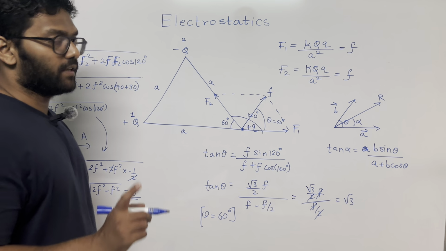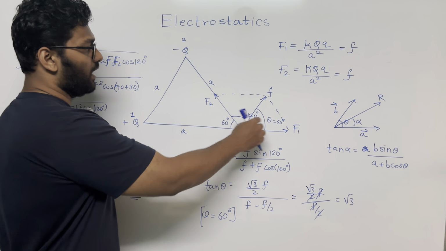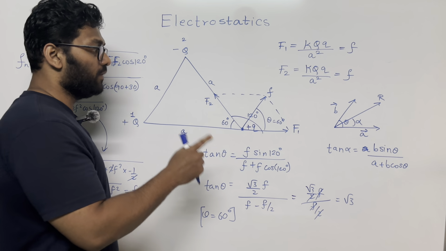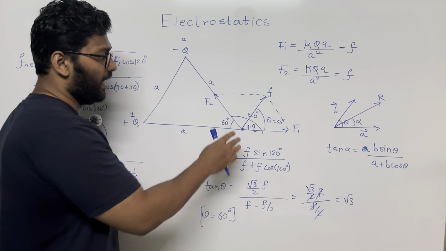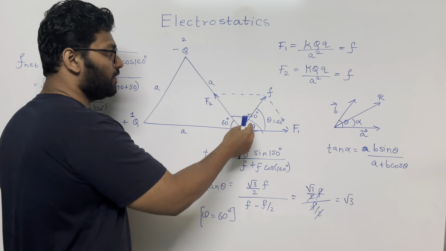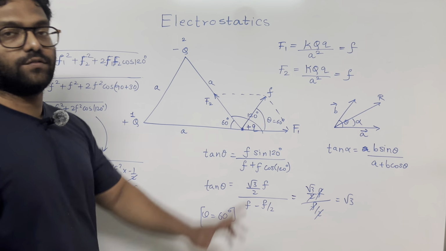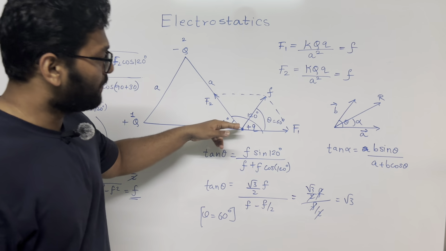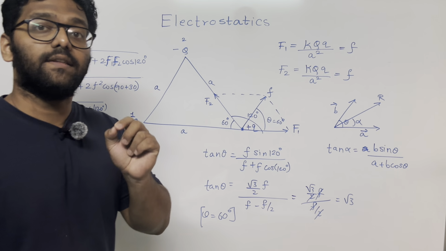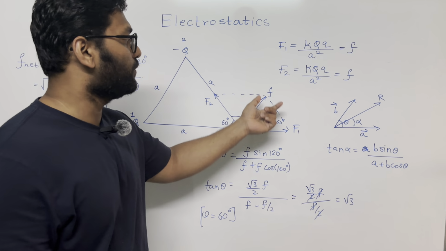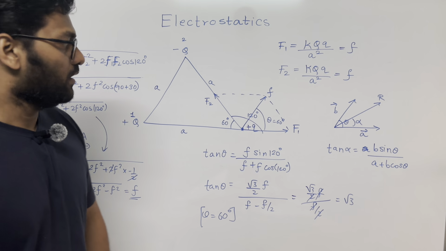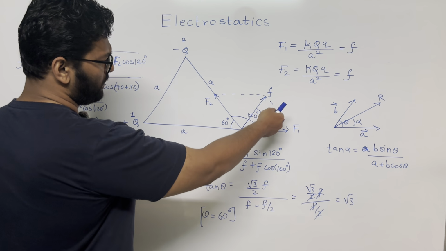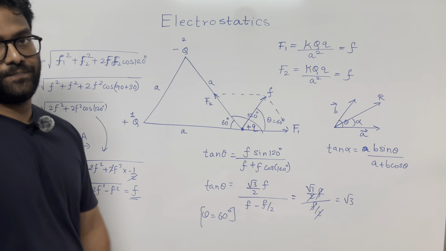And one thing I should tell you: if two forces have equal magnitude and are at a 120 degree angle with each other, then the resultant force will have the same magnitude as either of them. So that you should understand. And this angle of 60 degrees is where it will bisect.